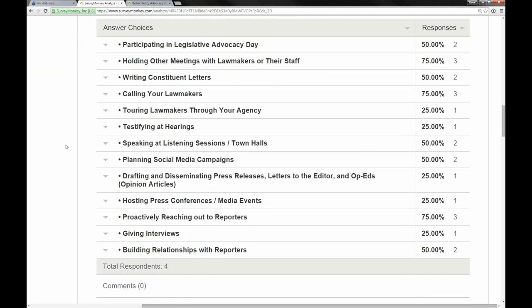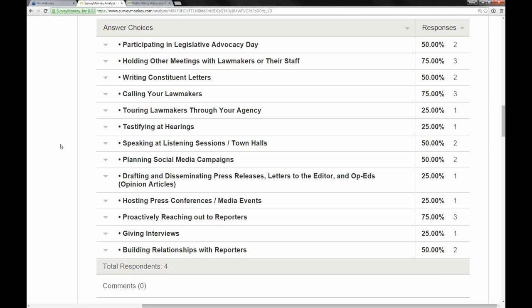Okay, so it looks like 75% of respondents have held meetings with lawmakers or their staff, called lawmakers, which is great, reached out to reporters proactively. Half of respondents participated in Legislative Advocacy Day. That's great. I'd love to drive that number up to near 100%. Everybody involved, because you all are really the important folks when it comes to changing public policy.